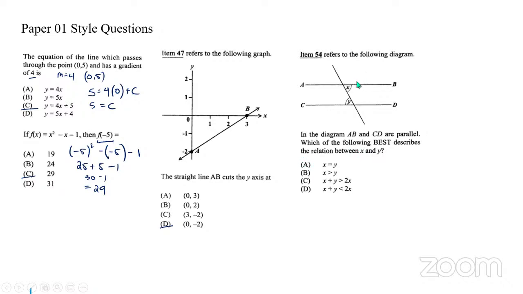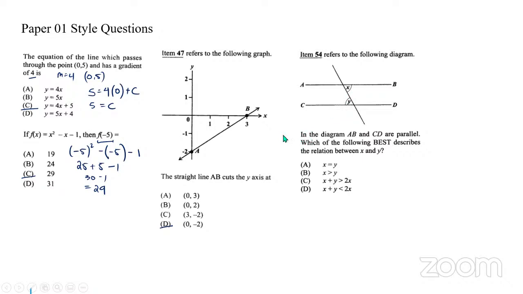Okay, so this is similar to what I was explaining before when you have your parallel lines. This is showing the parallel lines and the transversal line going through both of those. When you have that Z shape there, the angles within those corners are going to be equal.